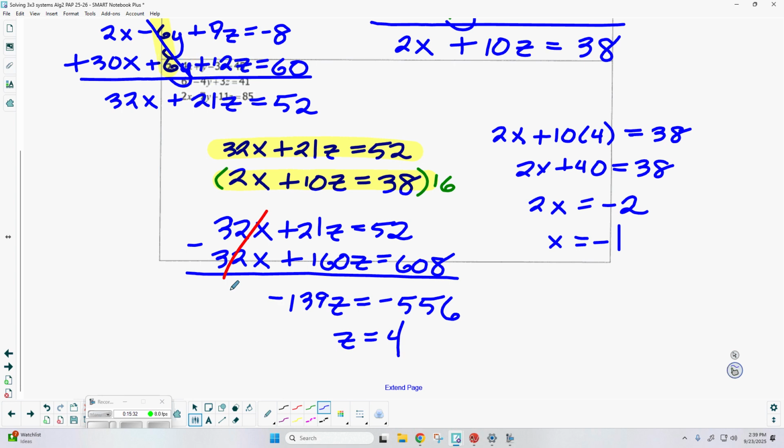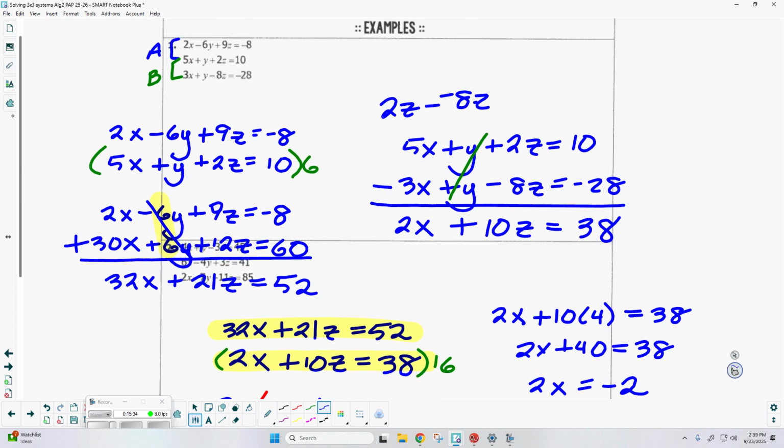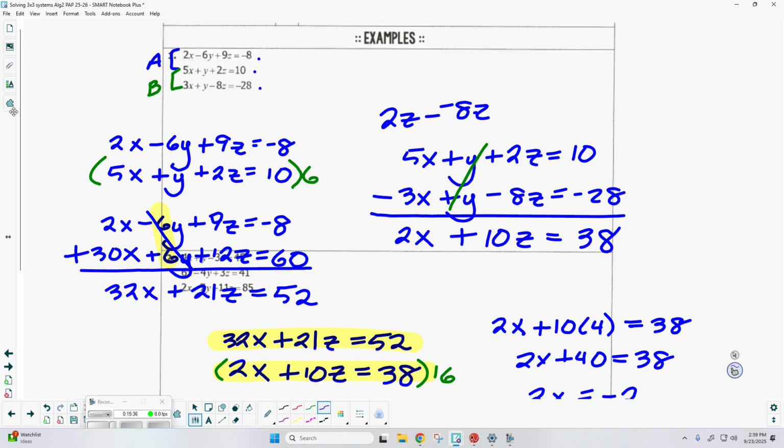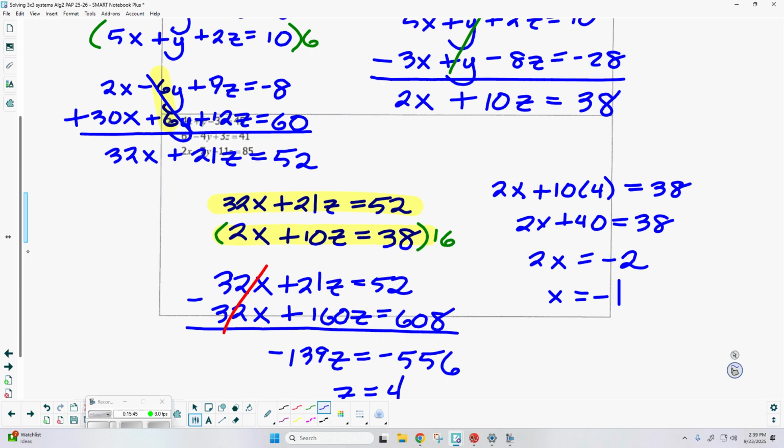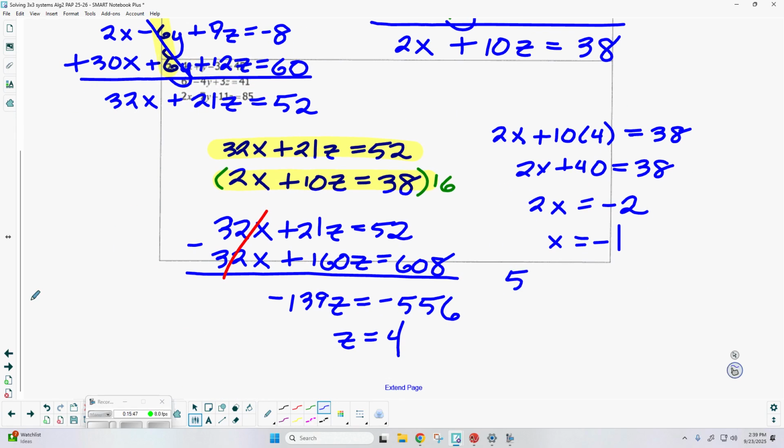And I've got 3 different equations to use here. First, second, or third? Which one would you like? Second, okay. So 5x plus y plus 2z, and I believe that equals 10. Is that right? Okay. So let's see. If I go ahead and plug negative 2 in here, that would be negative 10 plus y.